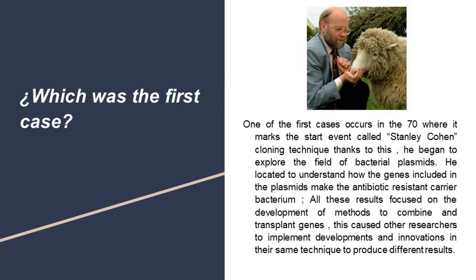One of the first milestones occurred in the 70s, marked by the cloning technique of Stanley Cohen. Thanks to this, he began to explore the field of bacterial plasmids, to understand how the genes included in the plasmid make bacteria antibiotic-resistant.